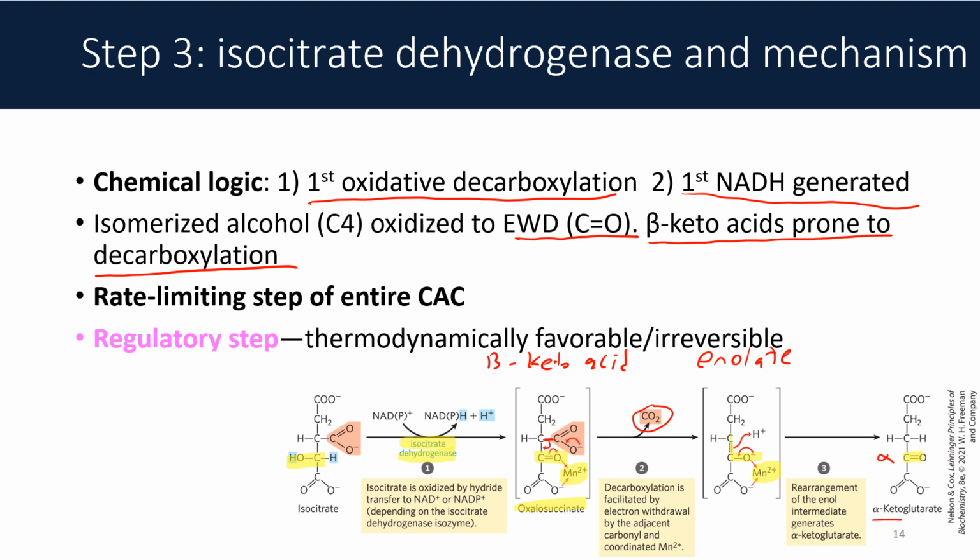Hence, alpha ketoglutarate. It was in the beta position of the COO group that we took off, but it is in the alpha position with respect to this carboxyl group. And I know I've said this before, but I'll say it again, that decarboxylations have very, very negative delta Gs because they are very entropically favored.